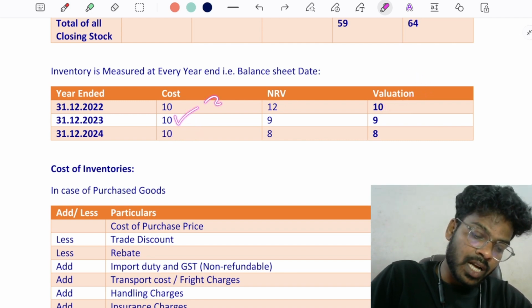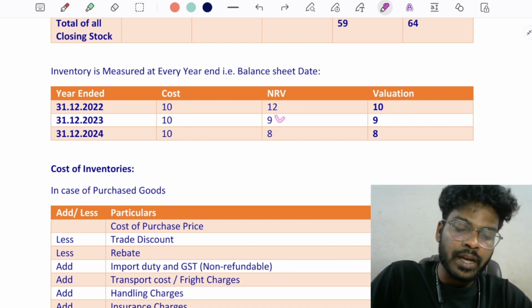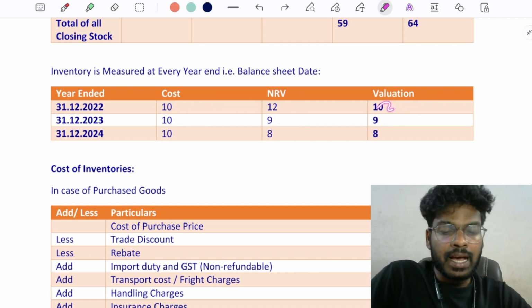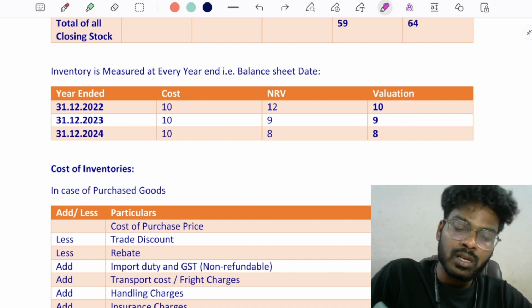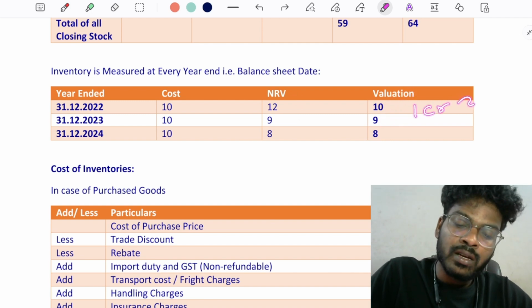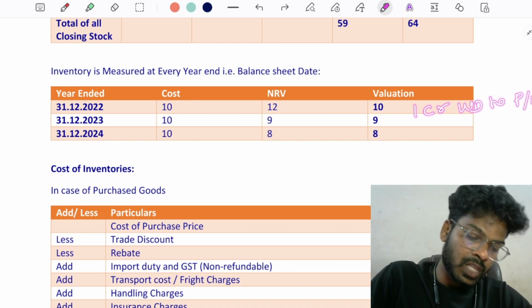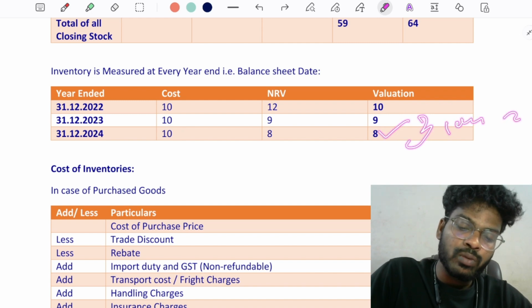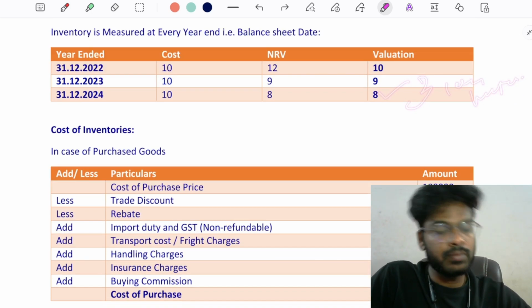Next, the cost is 10 crore, net realizable value is 9 crore, I should value at 9 crore. The difference of 1 crore should be written down to the profit and loss account. Next, cost is 10 crore, net realizable value is 8 crore, then it should be valued at 8 crore. The difference should be written down to profit and loss account.